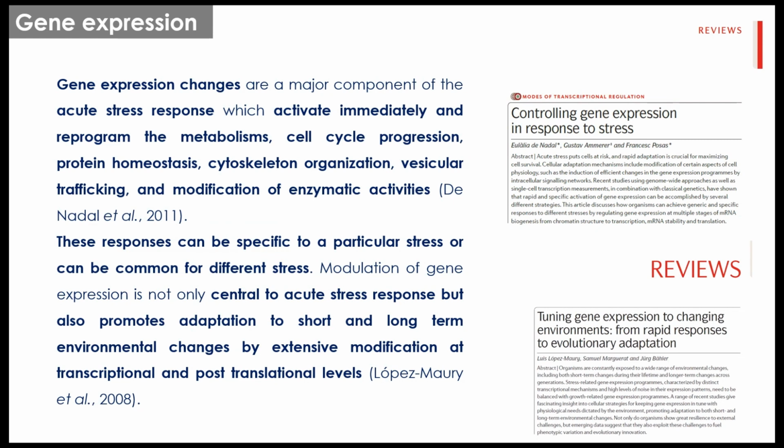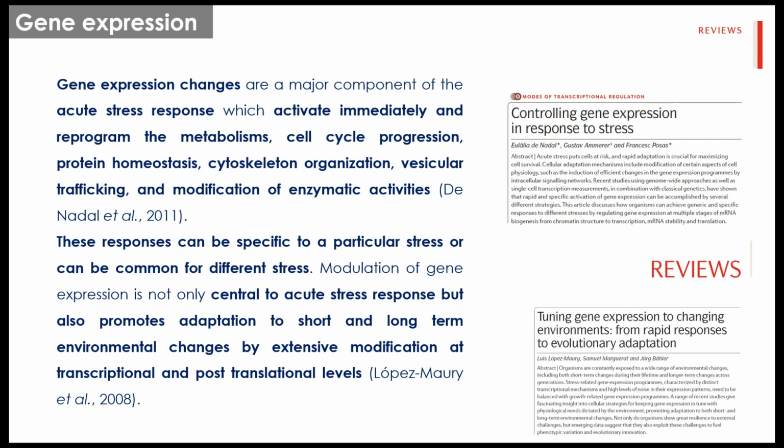So this gene expression could be specific to a particular stress, or it could be common for different stresses. For example, when we talk about oxidative stress, it's a very common response by the cell, which can happen even in cold stress, heat stress, encountering pathogens, or other biotic or abiotic stress responses.